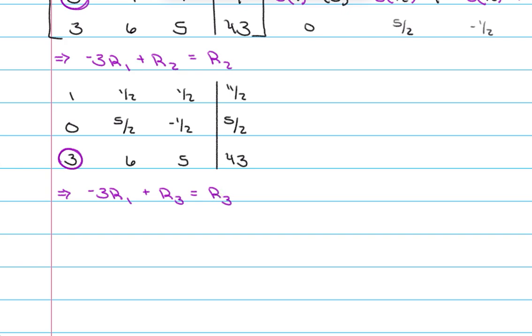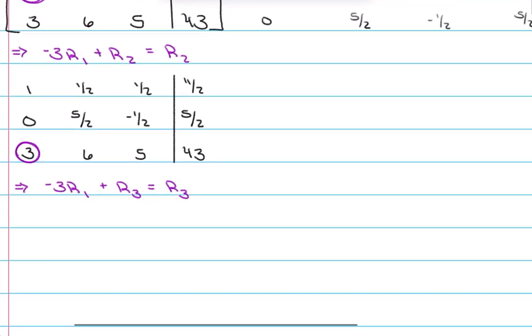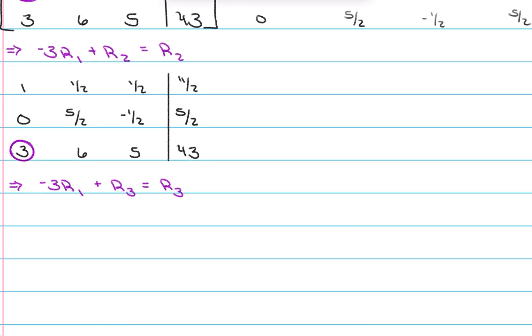So the operations for you are going to look like this. They will be negative 3 times 1 plus 3. Then we're going to have negative 3 times 1/2 plus 6.